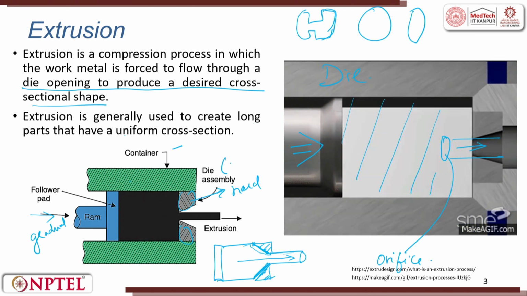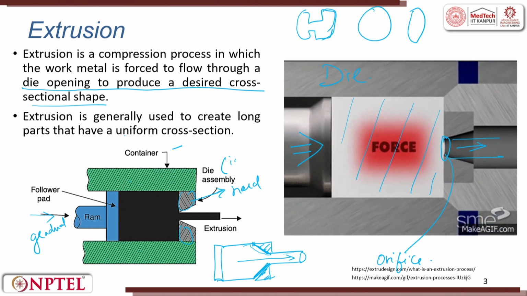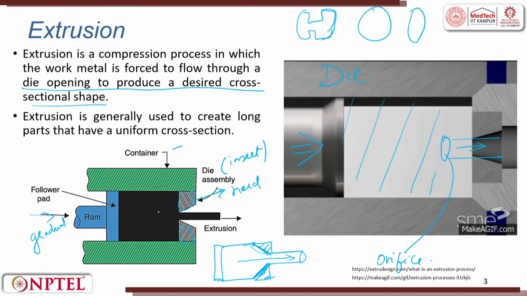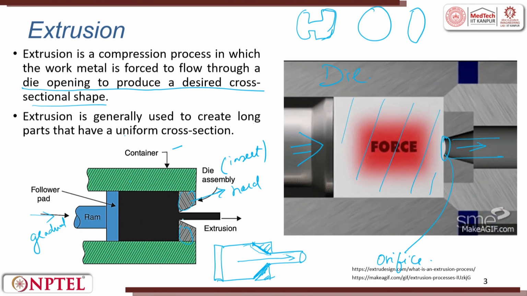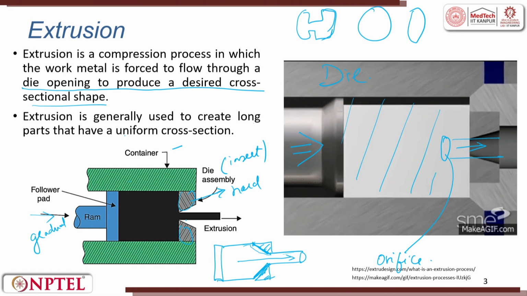The die, the orifice I am talking about, can be an insert. So, the container will be one material and the insert material will be different, and the orifice can be given there. You can also extrude gears, and then chop off to your requirements.